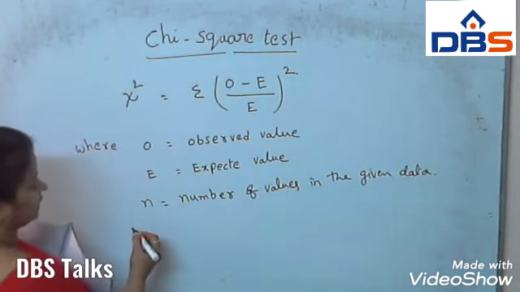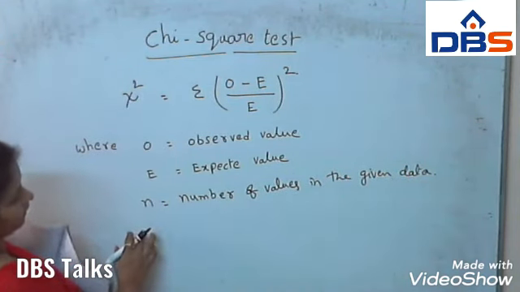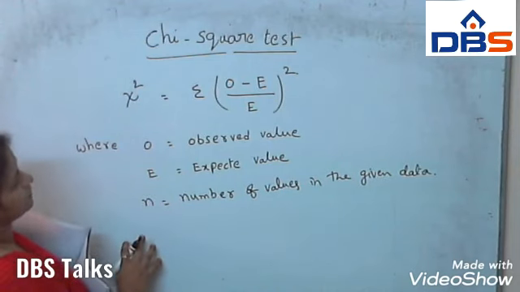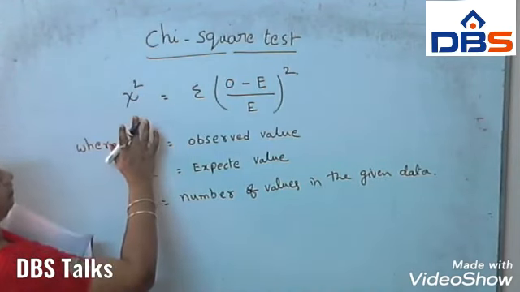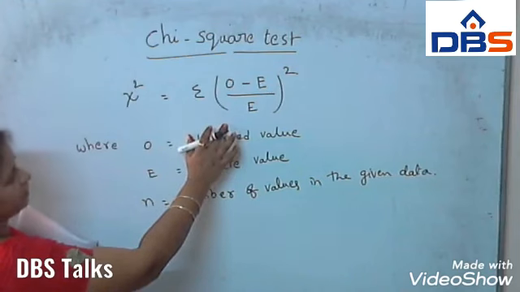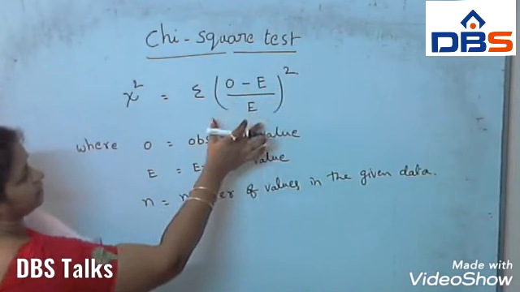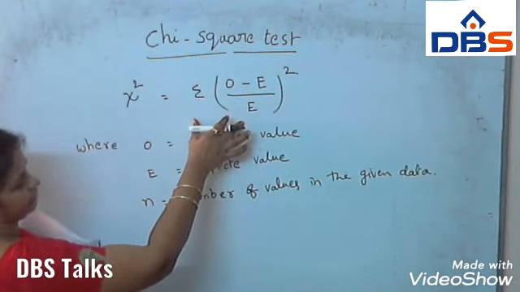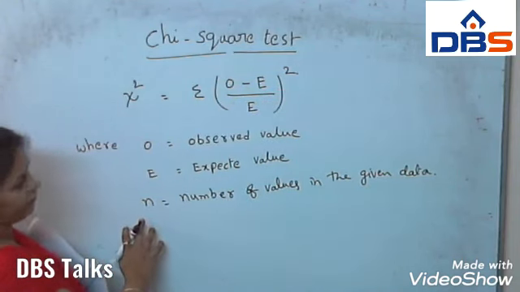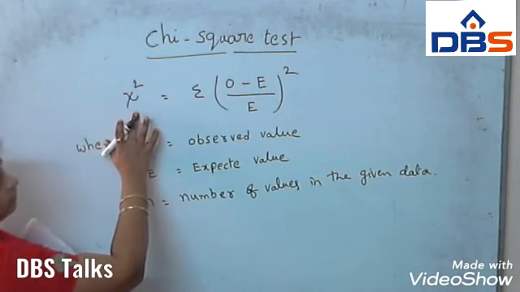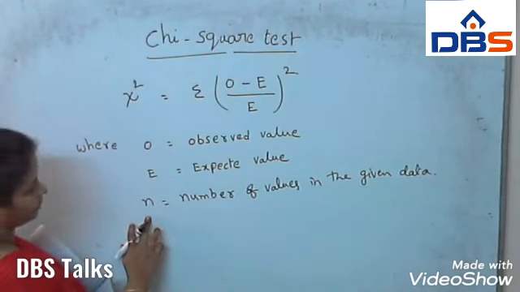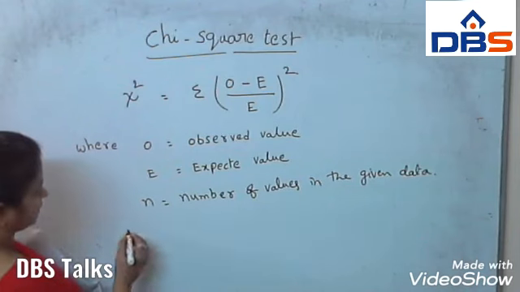First, you have to calculate the value of chi-square from the formula, and then find the chi-square value from the table. For that, we have to calculate degrees of freedom first.